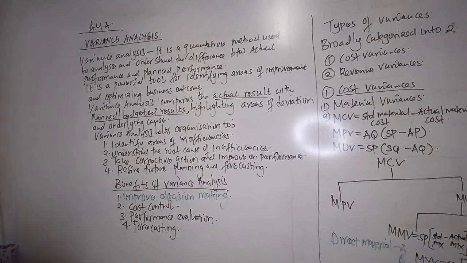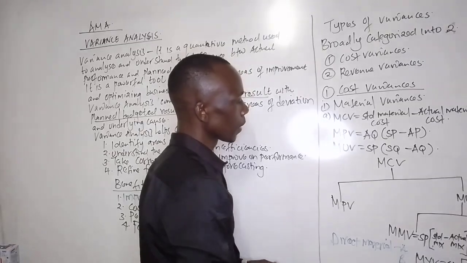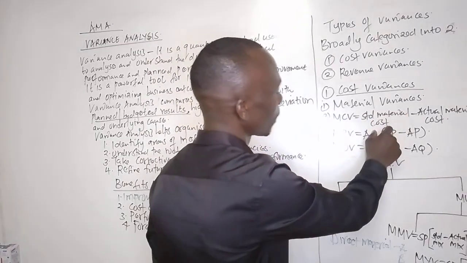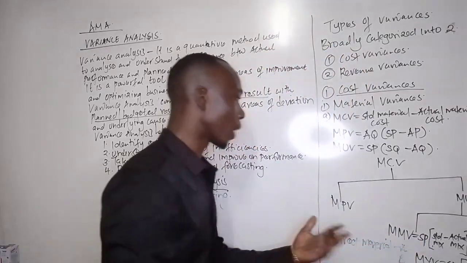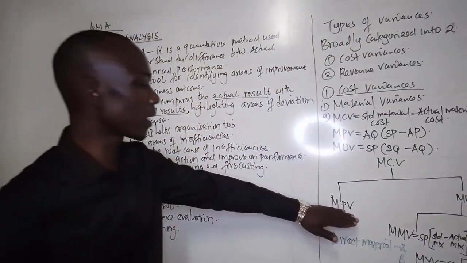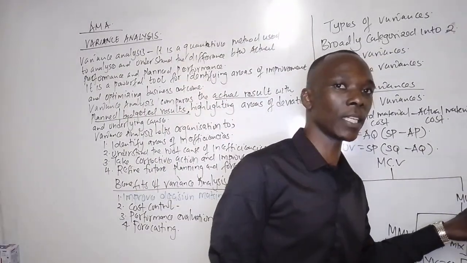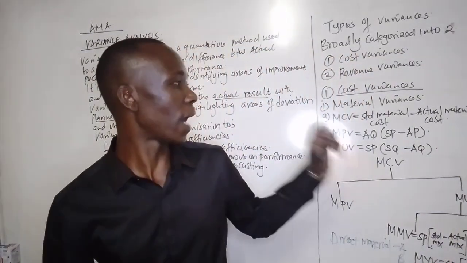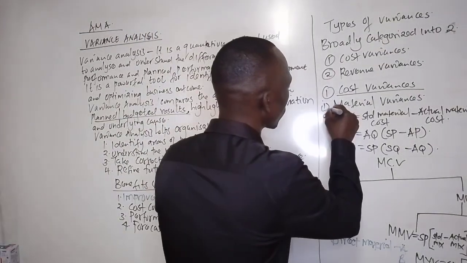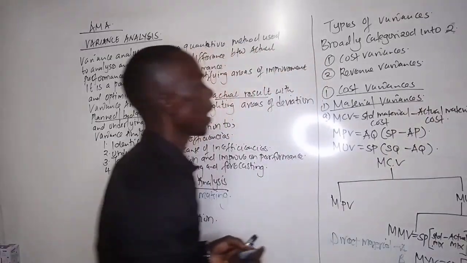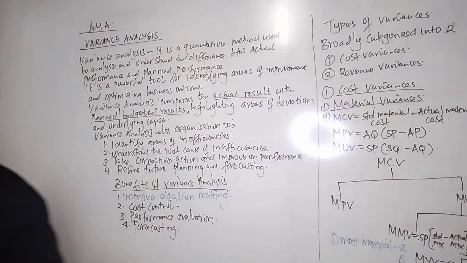So that's how you will be getting the materials. And remember, other than taking the standard material cost and raising the actual material cost, you can get the material cost variance by taking the material price variance and adding the material usage variance. That is the first variance under the cost.